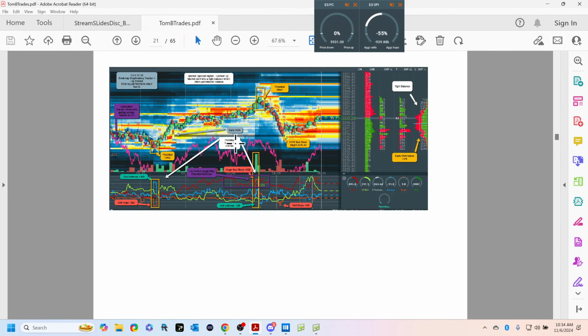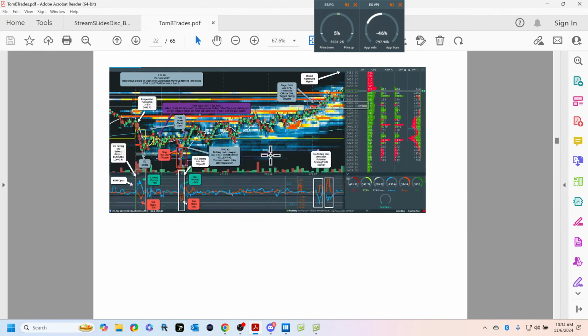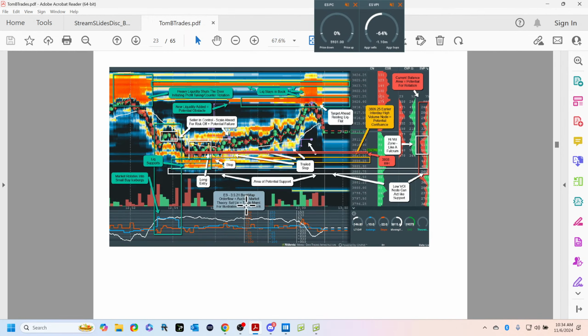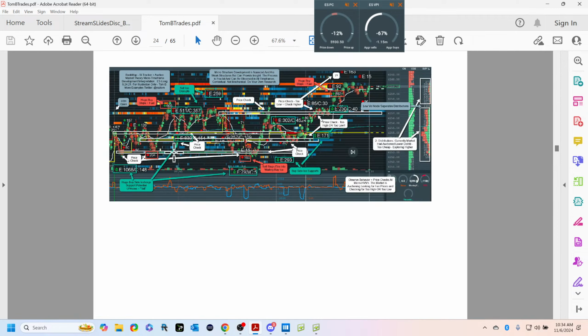NQ, ES, live trades, screenshots, and development tools that I worked on with Bookmap developers a number of years ago, back in 2021, 2020, and all of that. So these are examples of things you can download. And the idea of these, I'm not a vendor. It's to help you reverse engineer trades that might have a statistical edge.